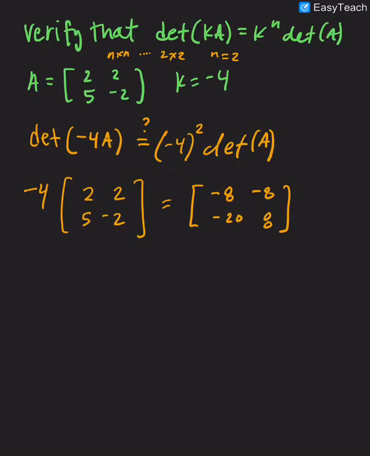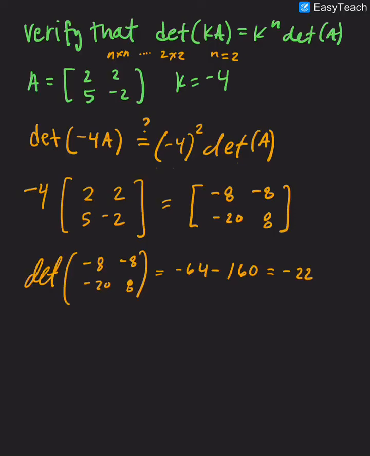Now let's find the determinant of -8, -8, -20, and 8. When we complete that, we get -64 minus 160, and that's going to equal -224.